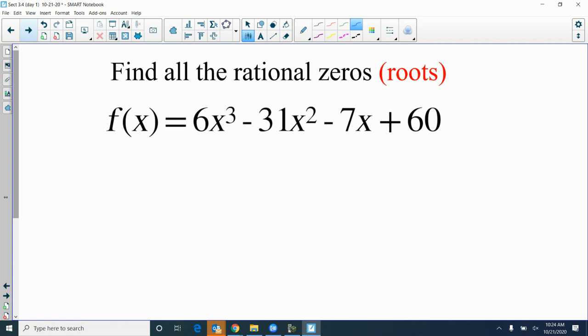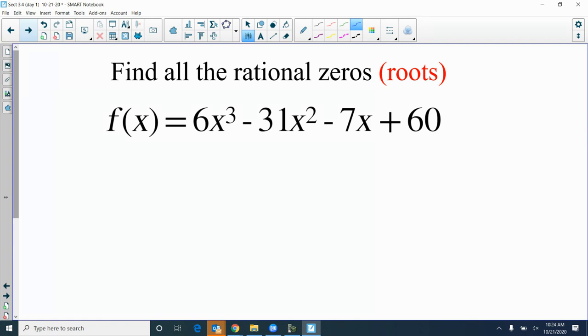What can anybody tell me from those 2 pieces of information? What has to be true? It has to be between 0 and 2. There has to be a root between 0 and 2. Why? Because 60 is positive and the other is negative. So it hits at 60 and it hits at negative 30.